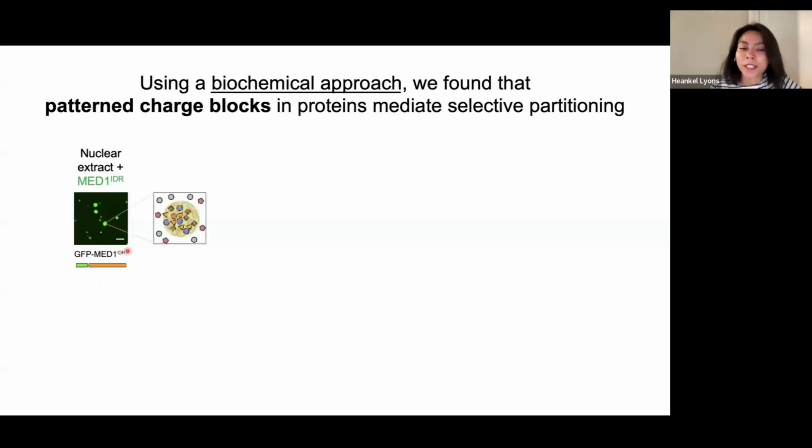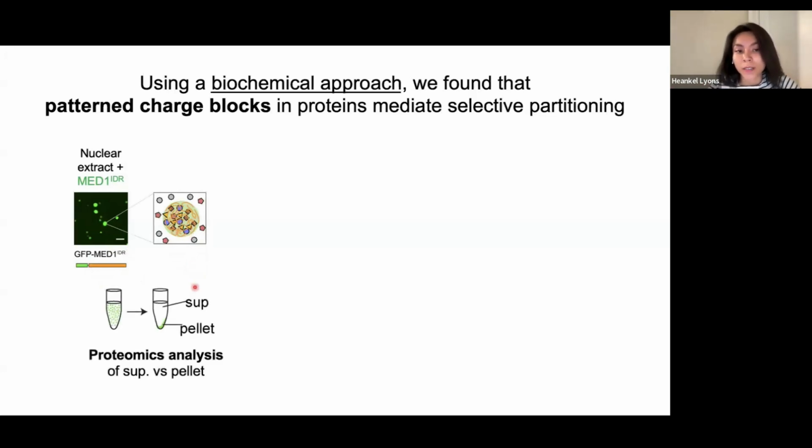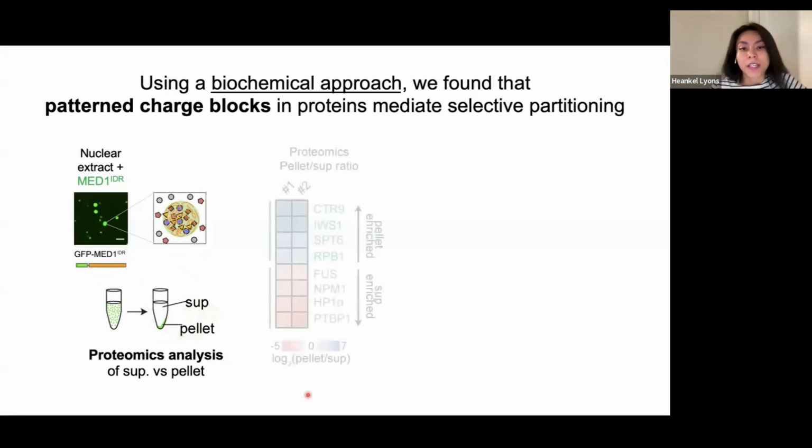So we were trying to understand what proteins were going into these condensates. And we used a fractionation assay where we can have a brief centrifugation step and collect the condensates in the pellet. So this allowed us to now have the supernatant and the pellet and compare the different enrichment of proteins.